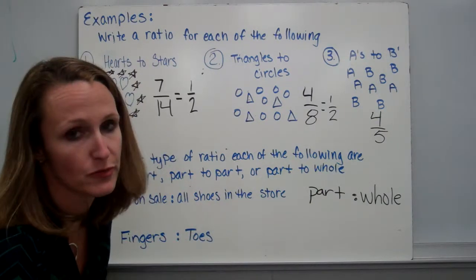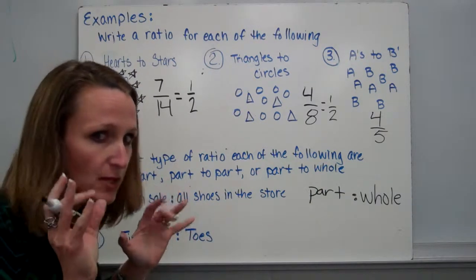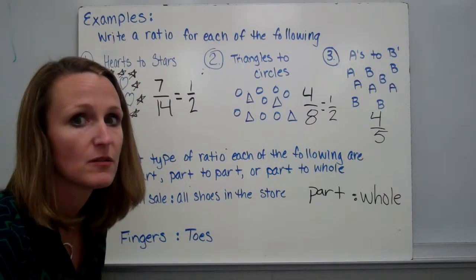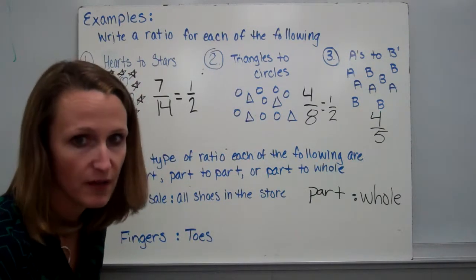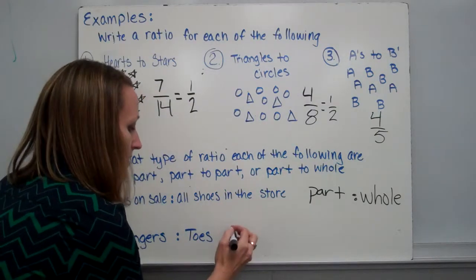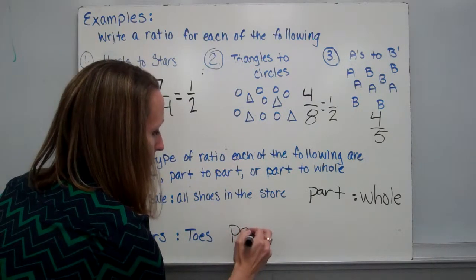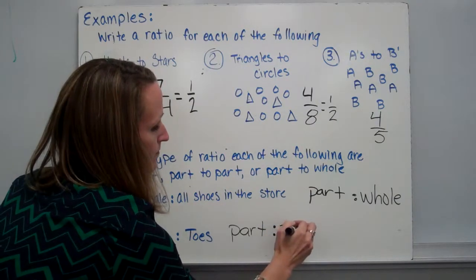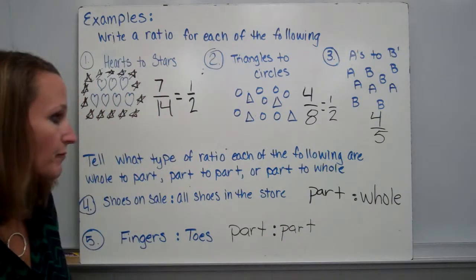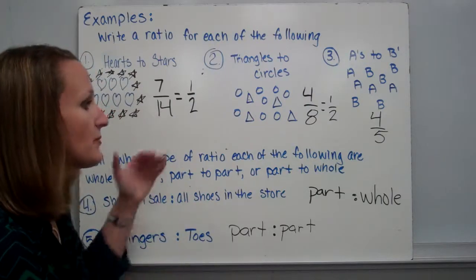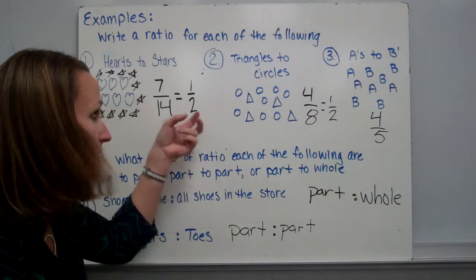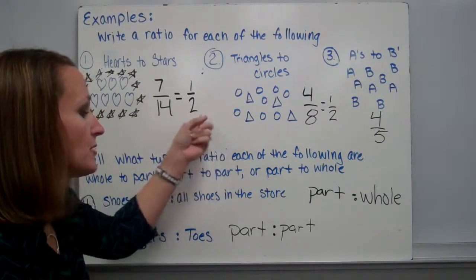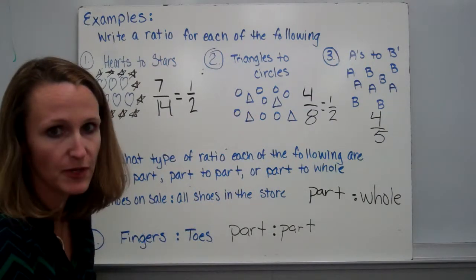Fingers to toes. If we're comparing fingers to toes, both of those are parts of your body. So that would be part to part. Okay? So these are some examples of how we deal with ratios, both by comparing with numbers and then by comparing the types of ratios.